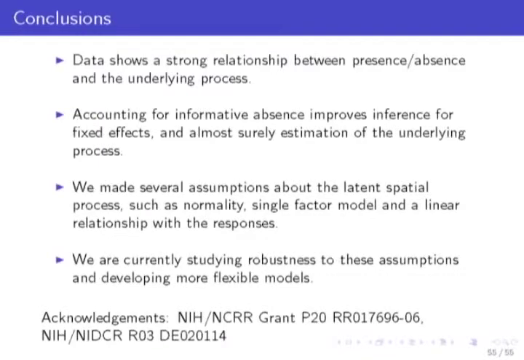I'm not really sure of the context, but he told me in a personal conversation that he has a cute way of choosing the number of factors. But if you consider more than one factor, how do you associate the linear relationship with all these different factors? So to keep things simple, we consider a single factor, with the idea that a single factor is predicting the whole process. We are currently studying robustness to this assumption and developing more flexible models from here.